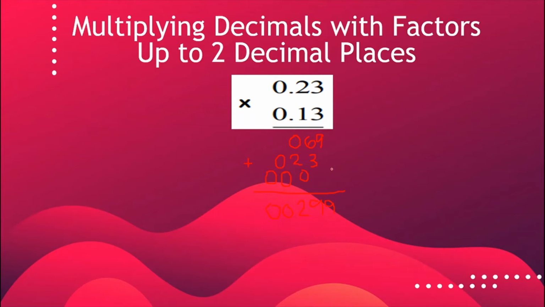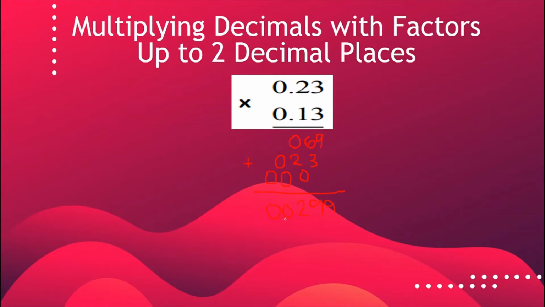And after we already have our product, that's the time that we place our decimal point. How many decimal places do we have here? We have 1, 2, 3, 4. So we have 4 decimal places. So we're going to move our decimal point 4 places to the left. 1, 2, 3, and 4.